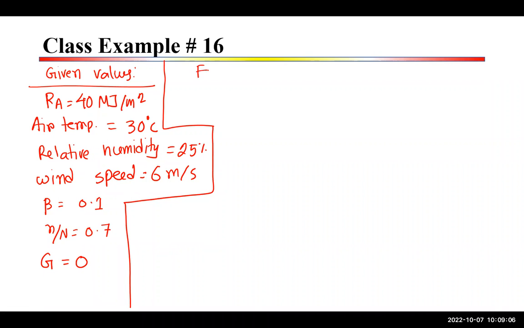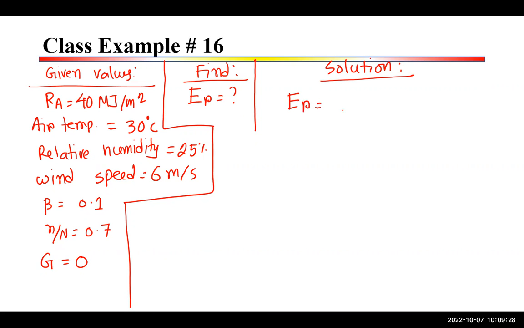We need to find out Er. Er is the evaporation by the energy balance method. The equation for Er is Rn minus G over rho times lambda times one plus beta.